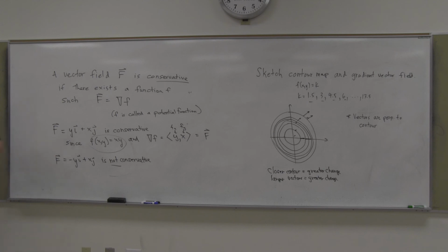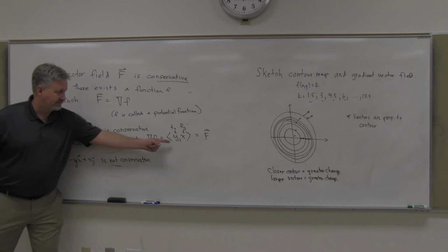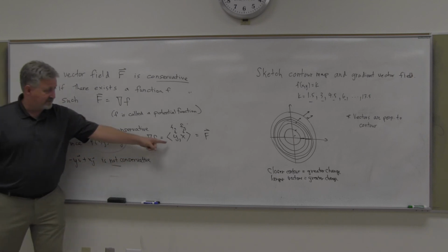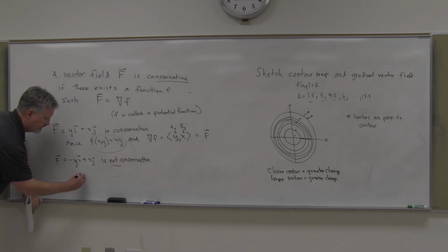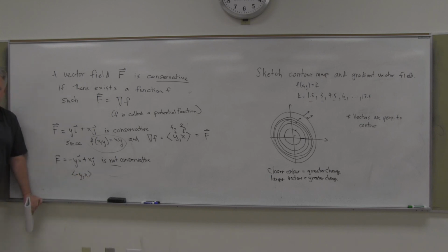And it sort of would make sense if you think about it, because if this right here gives me that gradient, how am I going to get a gradient where, instead of y, x, it's negative y, x? You can't do negative xy, because negative xy would give you negative y, negative x, right? You see what I'm saying? It's going to be hard. You're going to have a hard time there.